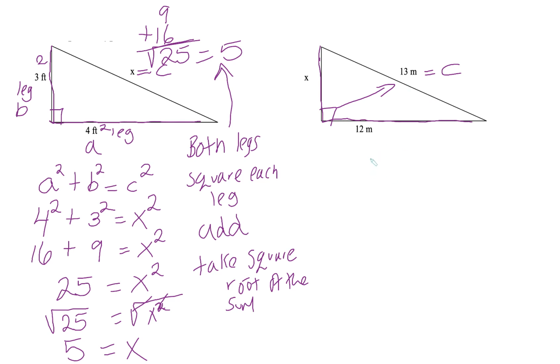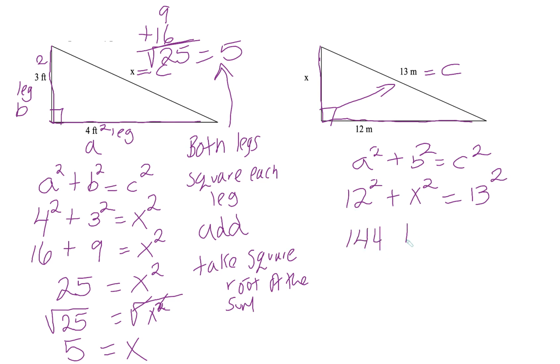Now if you like the formula, you can go a squared plus b squared equals c squared. So I have 12 squared plus, I don't know my b, so that's x squared, equals 13 squared. 12 squared is 144 plus x squared, which is 169.